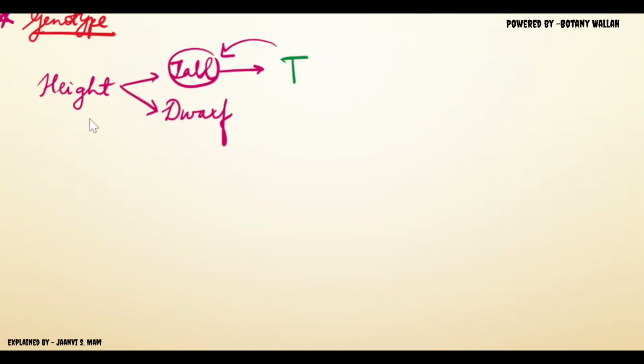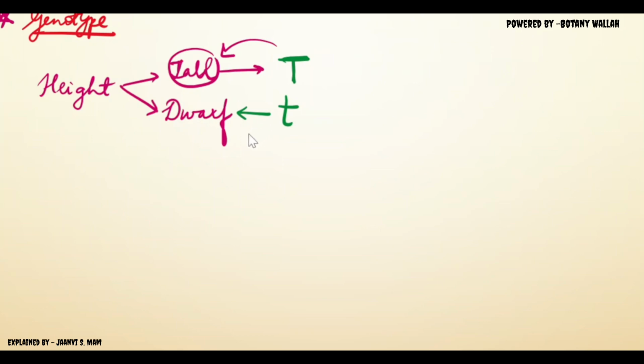If I want to denote dwarfness, we will denote it as small t. Tallness is denoted as capital T and dwarfness as small t. This is about the genotype, meaning how it looks at the gene level.